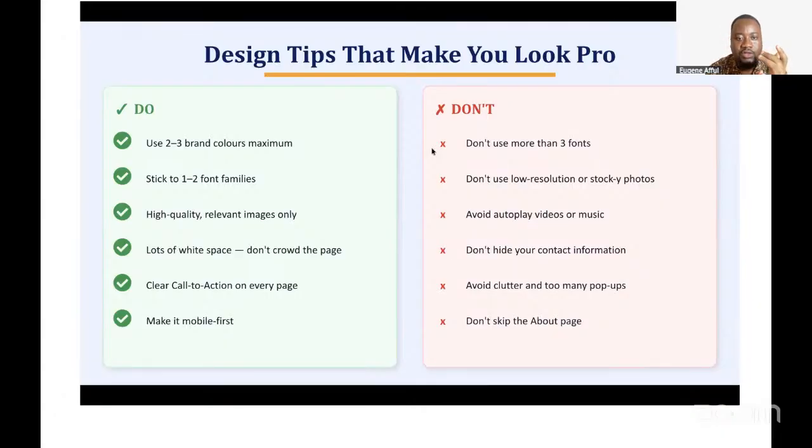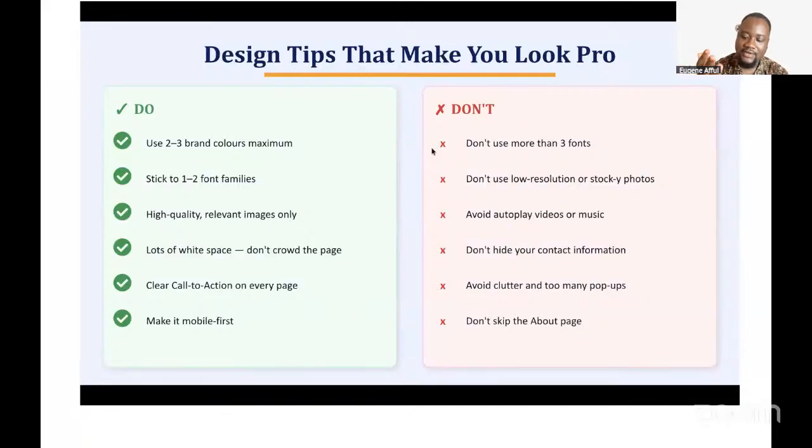So you need to use 2 or 3 branding colors maximum. Now, in color theory, most graphic designers know this, when you are designing an artwork or any graphical piece, you need to make sure that you are using a maximum of 3 colors. Anything more than 3 colors becomes a nuisance.